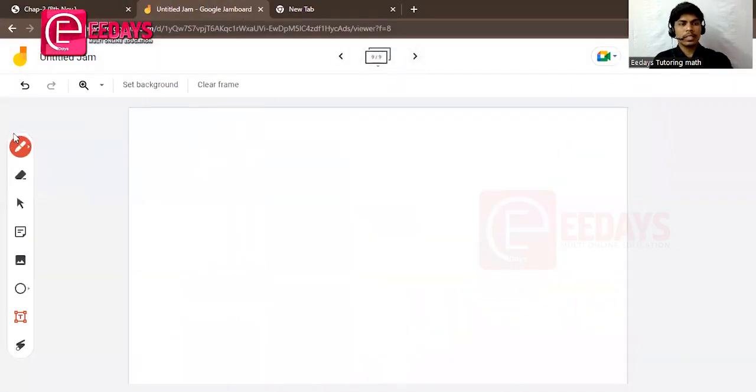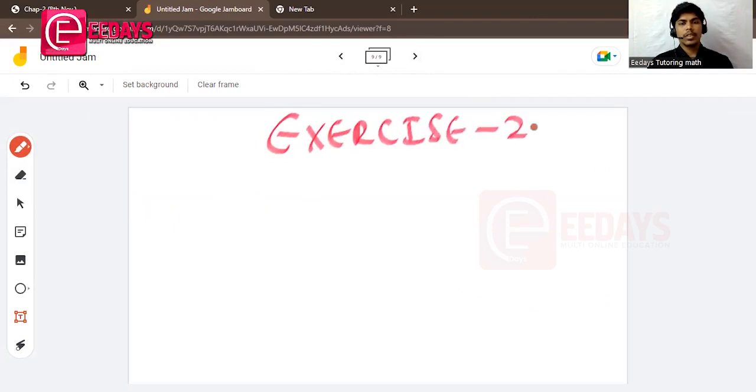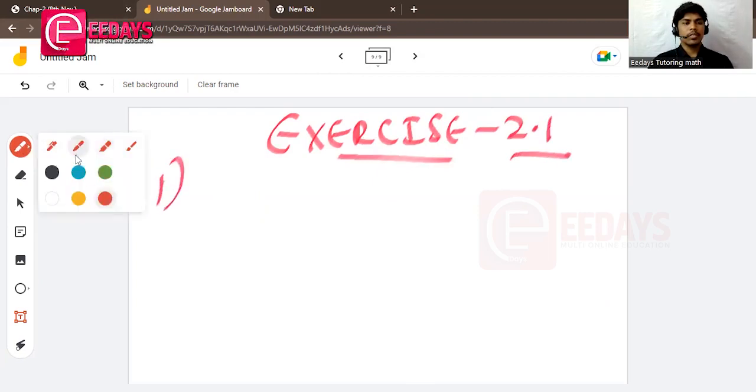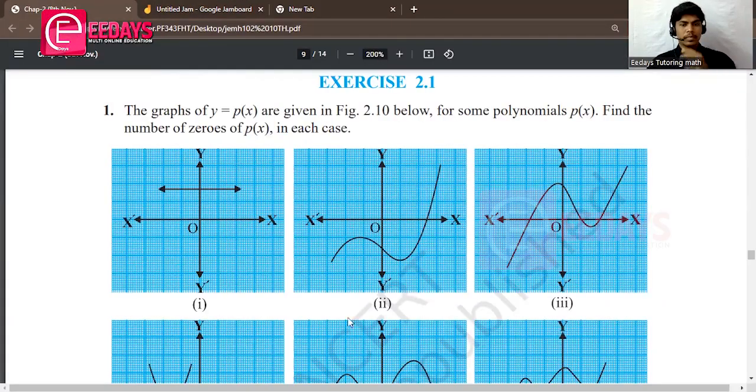Let's start with exercise 2.1. First one we got already.